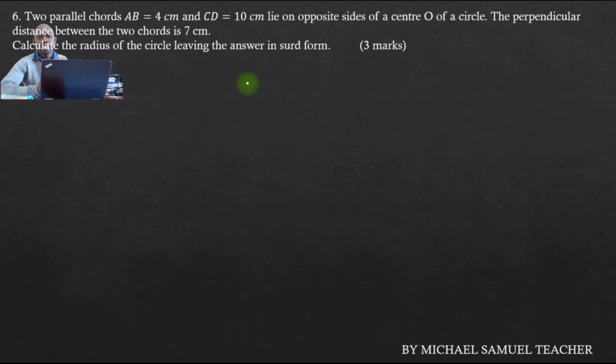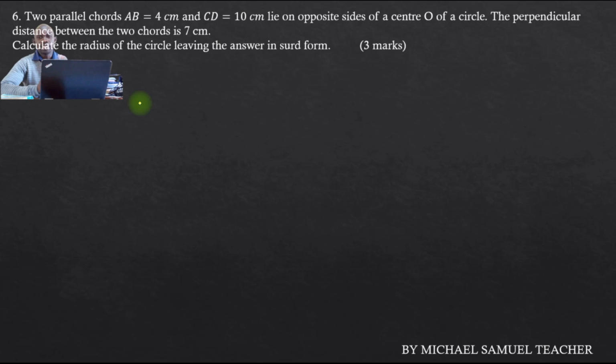So this question comes from the topic of chords, circles and tangents, and it tests whether students remember parallel chords, and also how to use Pythagoras theorem and how to leave an answer in surd form.